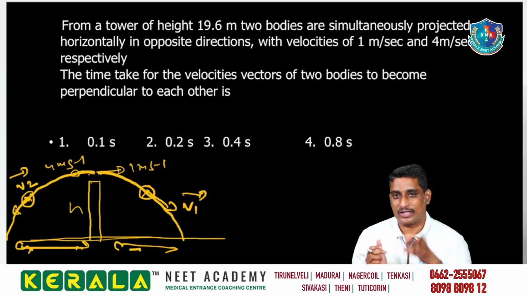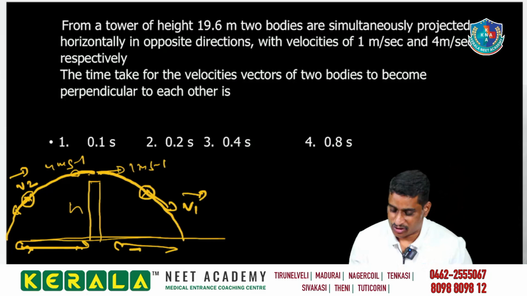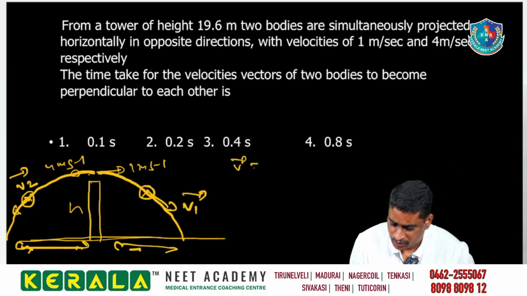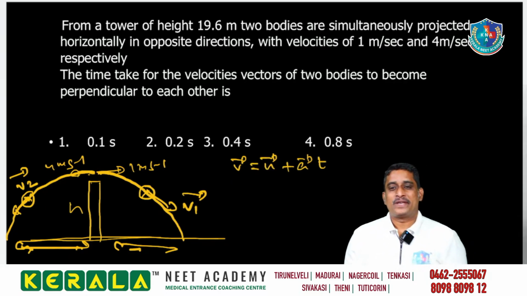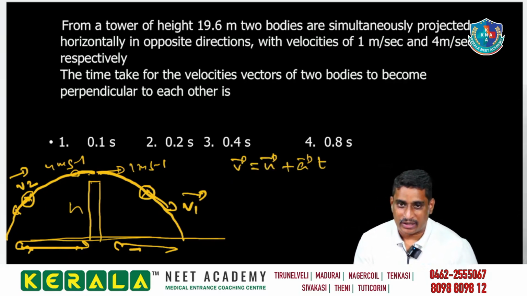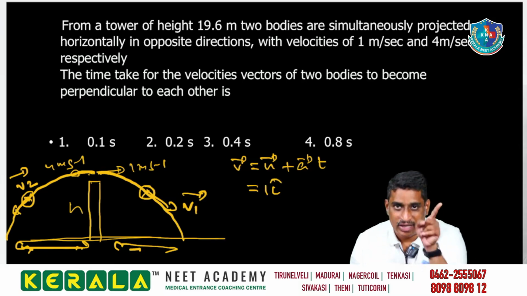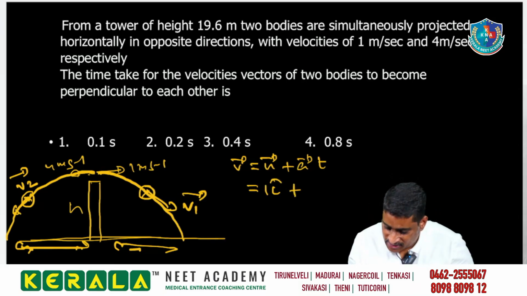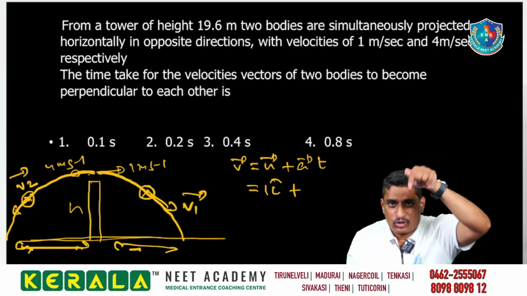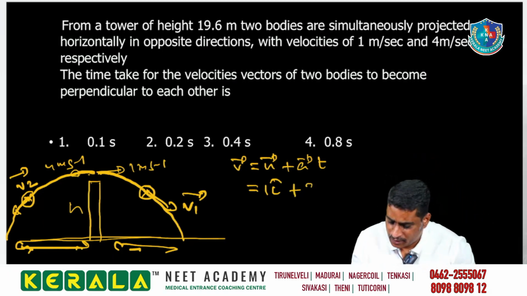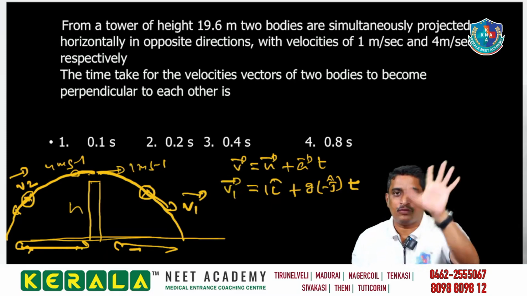First of all, let us calculate these velocities by using the general kinematic equation, v bar is equal to u bar plus a bar into t. If you apply this equation to the first particle moving along the positive x-axis at 1 meter per second, velocity is 1 i cap plus the acceleration, which is downwards, g minus j cap, into t. This is v1 bar, the velocity of the first particle.